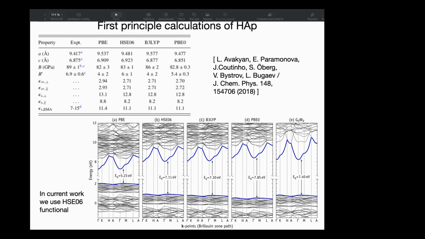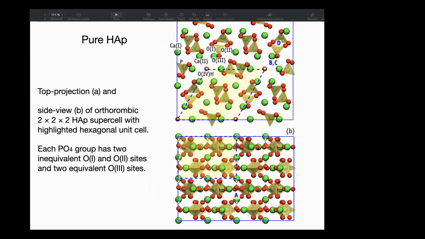But this supercell is quite big. It contains more than 300 atoms, 352. So for defective structures, we made full geometry relaxation with PBE functional, and then we made a single point calculation with hybrid HSE.